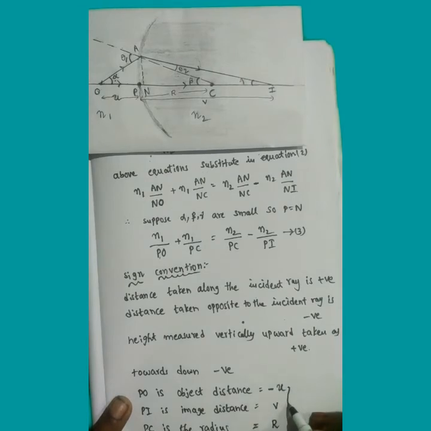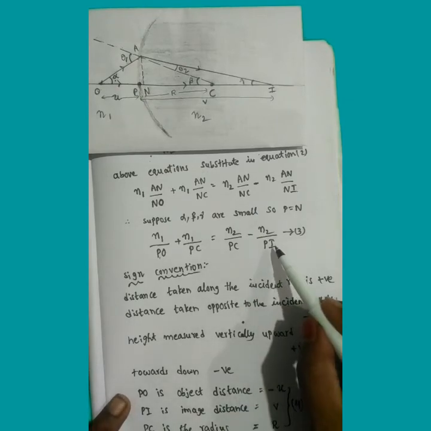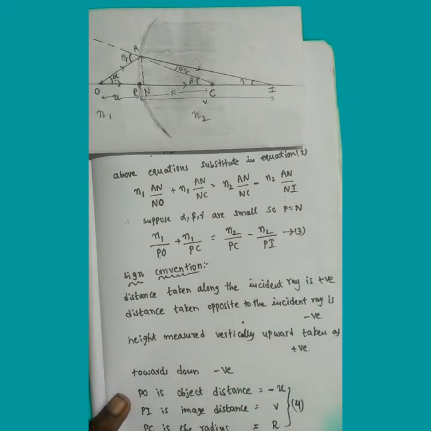Now we have to substitute these values. We call this equation number 4. Substituting equation 4 in equation 3, finally we can get the formula.